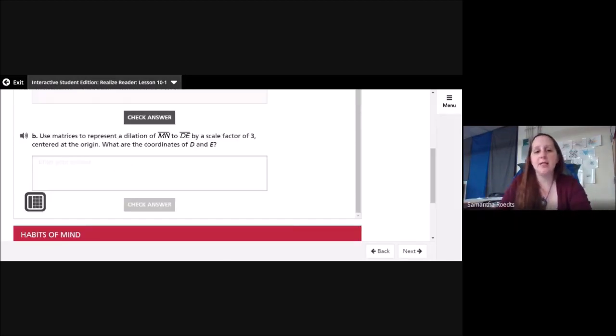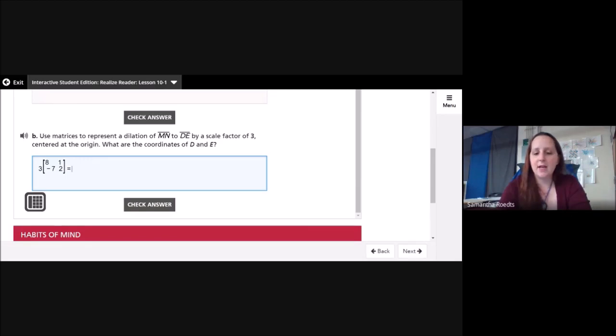E, use matrices to represent a dilation of segment MN to segment DE by a scale factor of 3 centered at the origin. What are the coordinates of DE? So I'm taking 3 and I'm multiplying it by my matrix MN. So it's 8, 1, -7, 2.